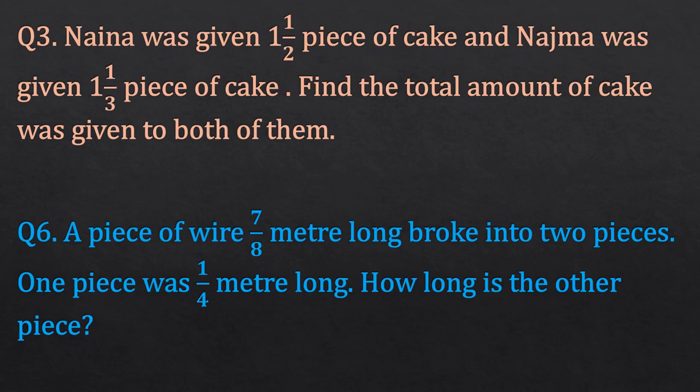Total length of wire 7 upon 8 meter, length of one piece 1 upon 4 meter, length of other piece 7 upon 8 meter minus 1 upon 4 meter, because 7 upon 8 is the total length. As the denominators are different, so again this is the case of subtraction of unlike fraction. So take the LCM of denominators and then do the subtraction.